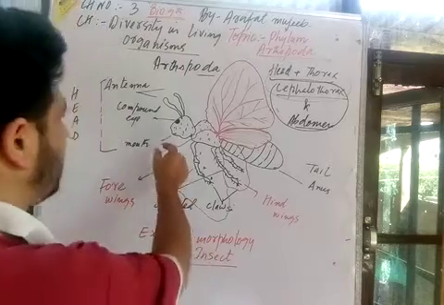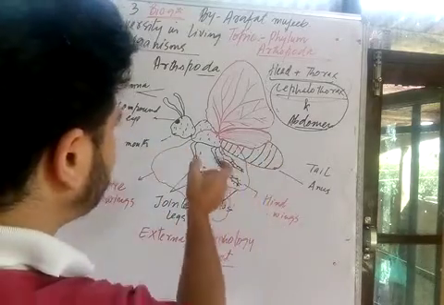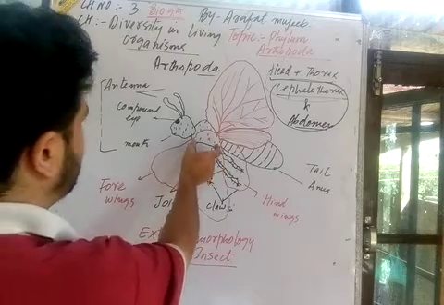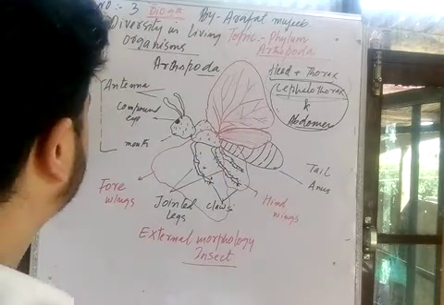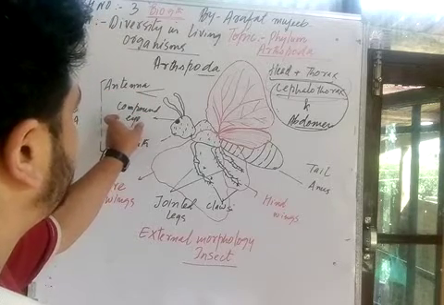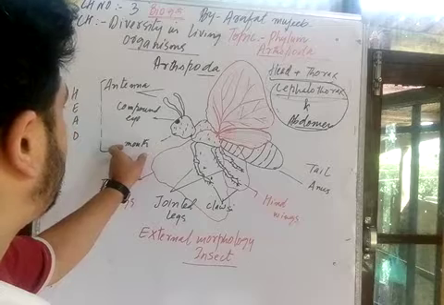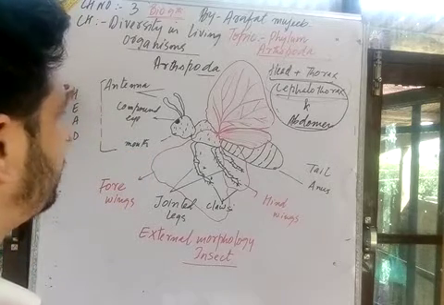So in the head part, what you see are antennae, a pair of compound eyes, and the mouth. This is all associated with the head part.